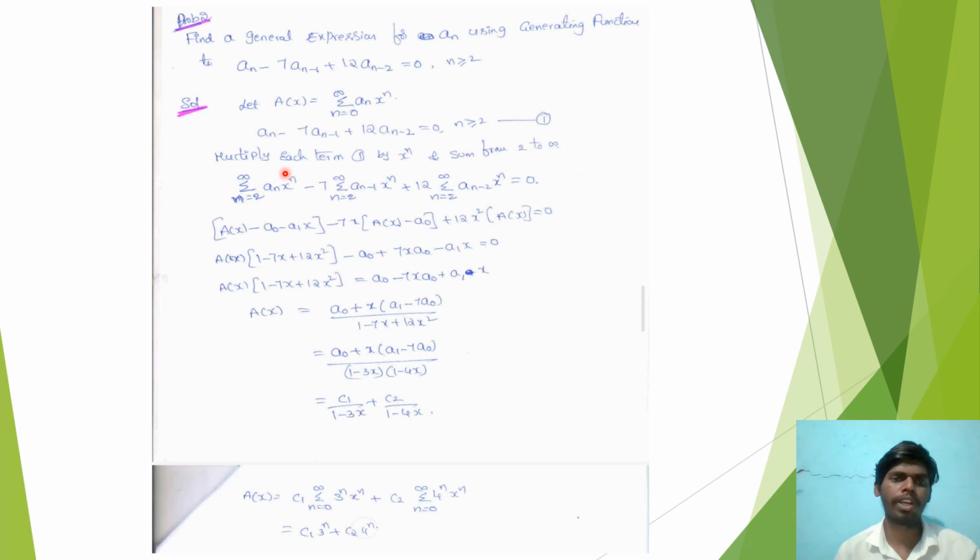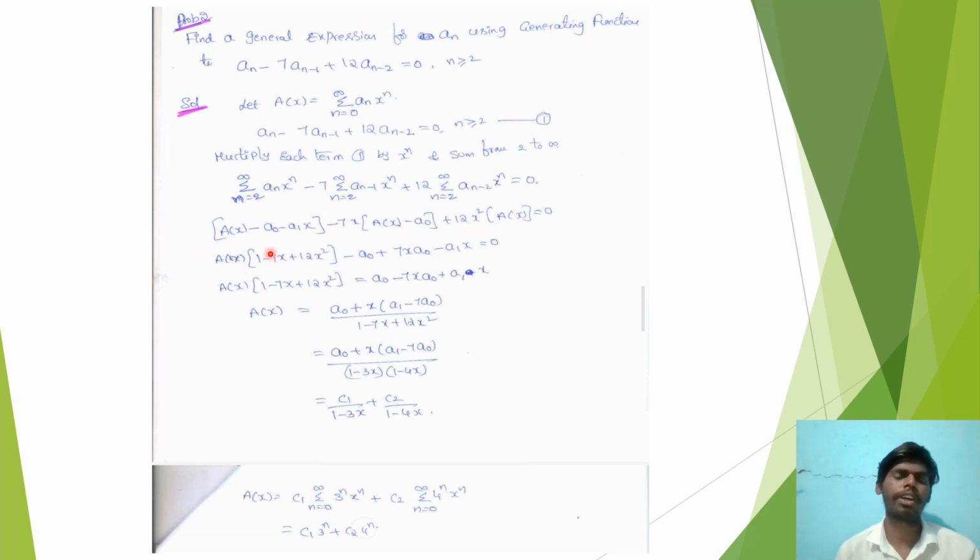Now we have to expand each and every term in the question, which are a0, a1 x plus a2 x square, up to so on. By solving that, we'll get A(x) minus a0 minus a1 x minus 7x times (A(x) minus a0) plus 12x square times A(x).